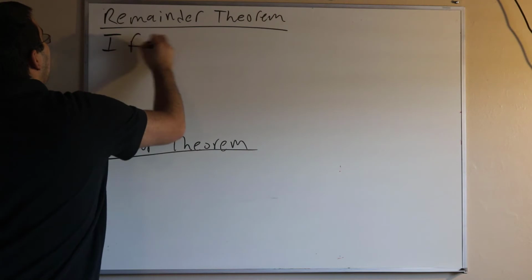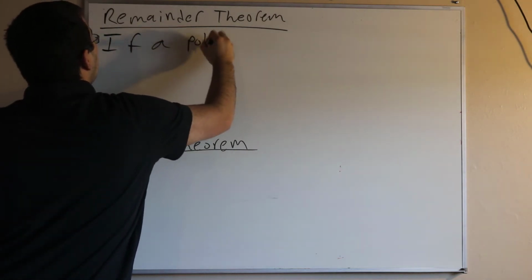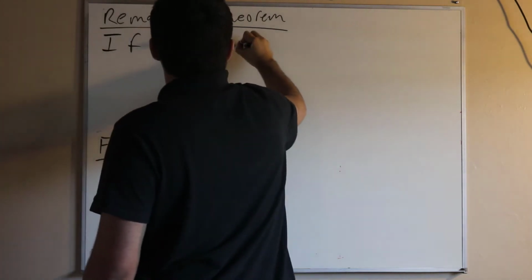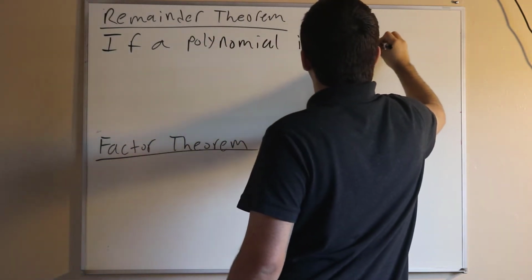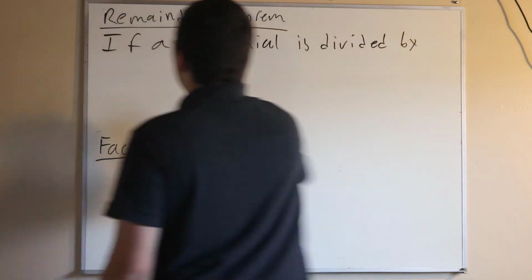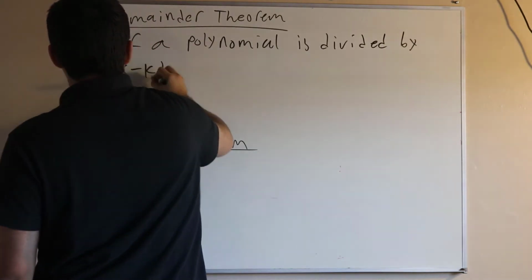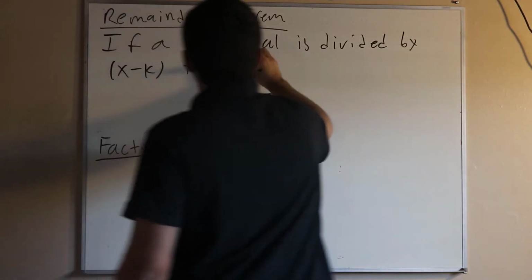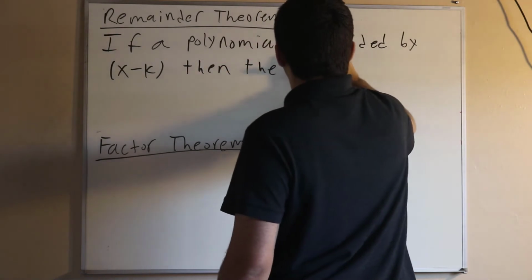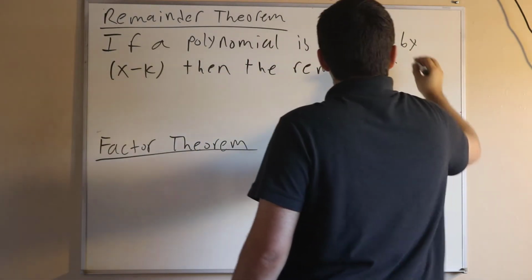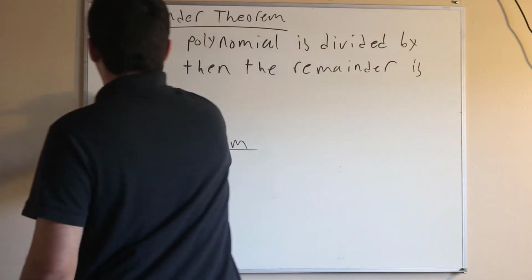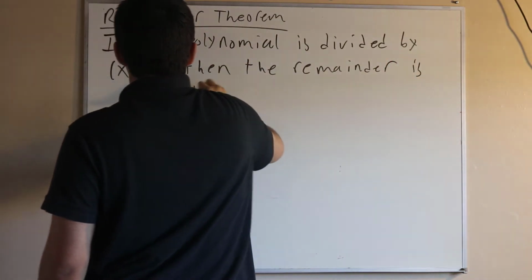If a polynomial is divided by x minus k, then the remainder is r equals f of k.